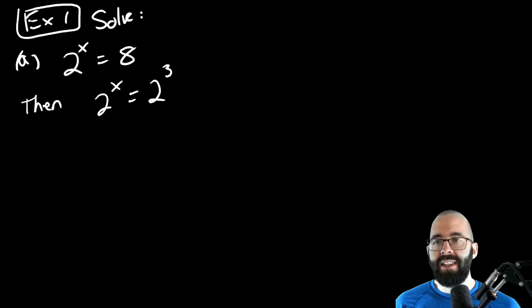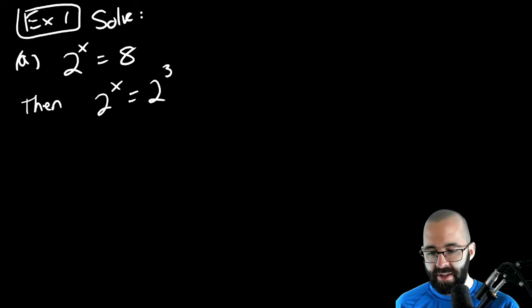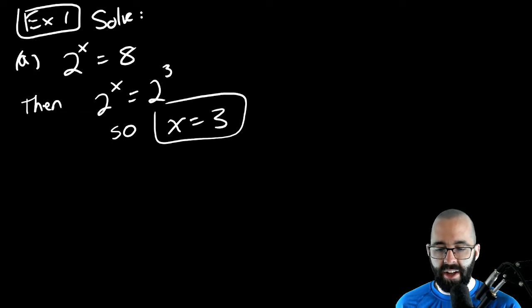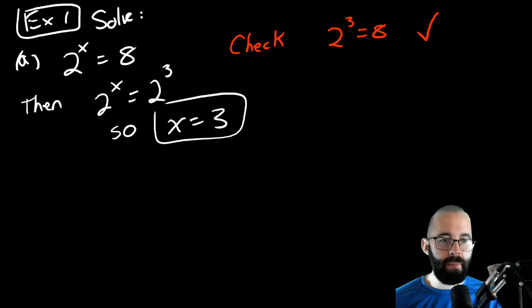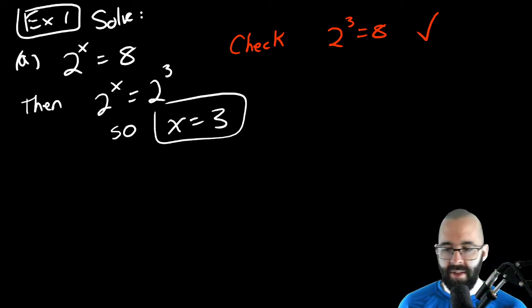So 2 to the x equals 2 cubed. The exponents have to equal each other, and x is 3. We can check our answer. Plug in 3. Is this true? Yep. Great.